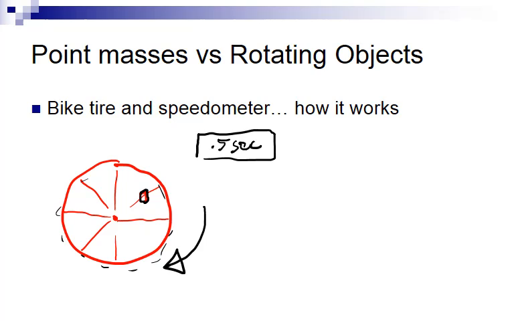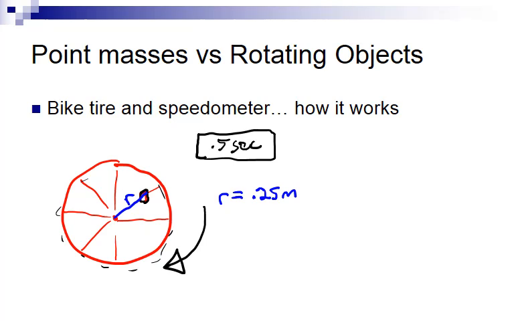Well, let's say that the radius here, from here to here, is 0.25 meters from the center. And it takes 5 seconds for it to go all the way around.